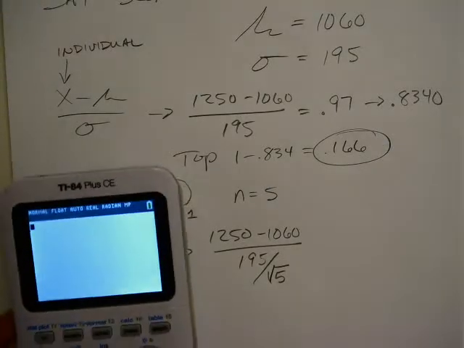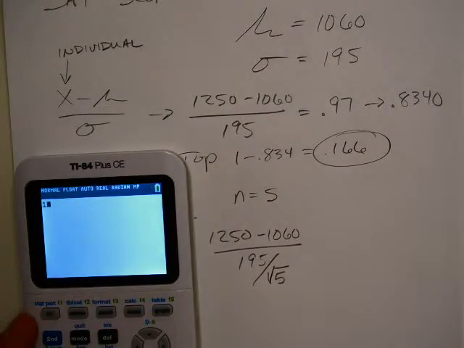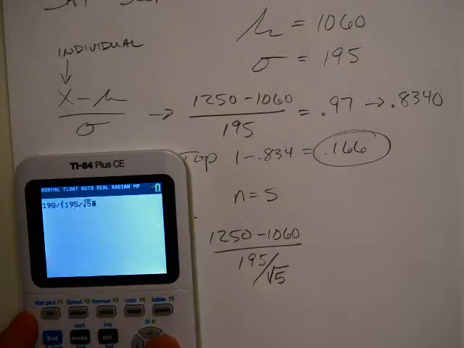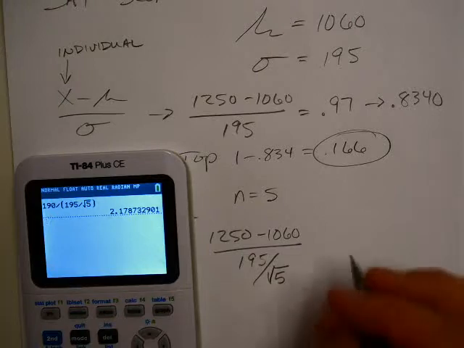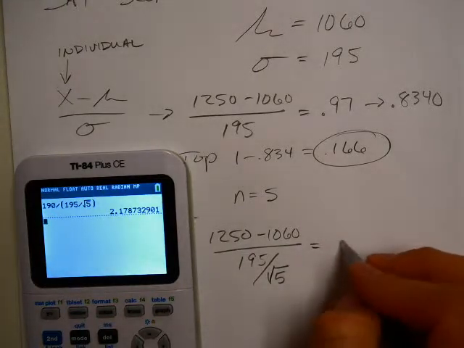Let's see what that gives us. So I know that's 190 divided by that's a little bit larger z value. So z is 2.18.